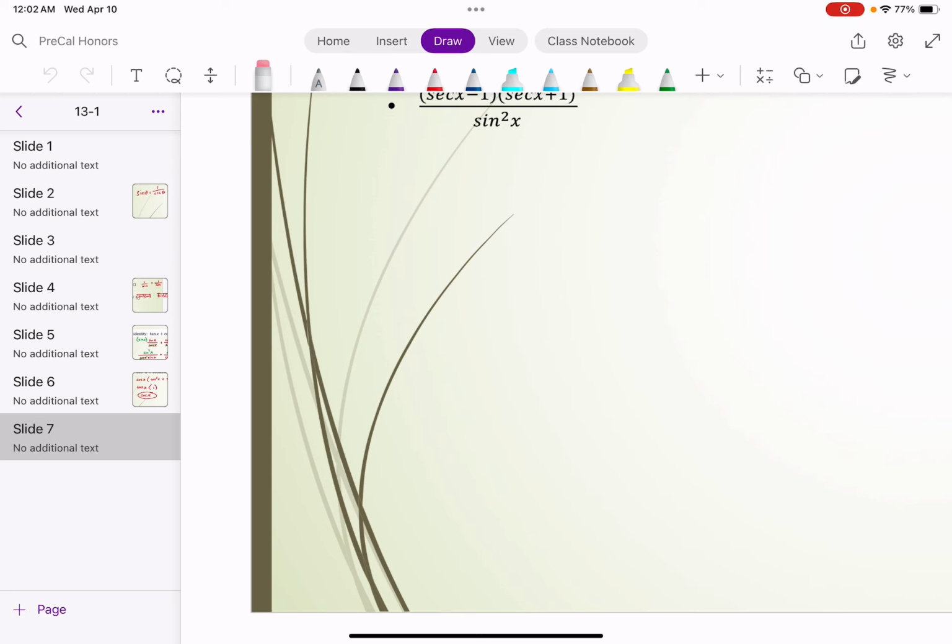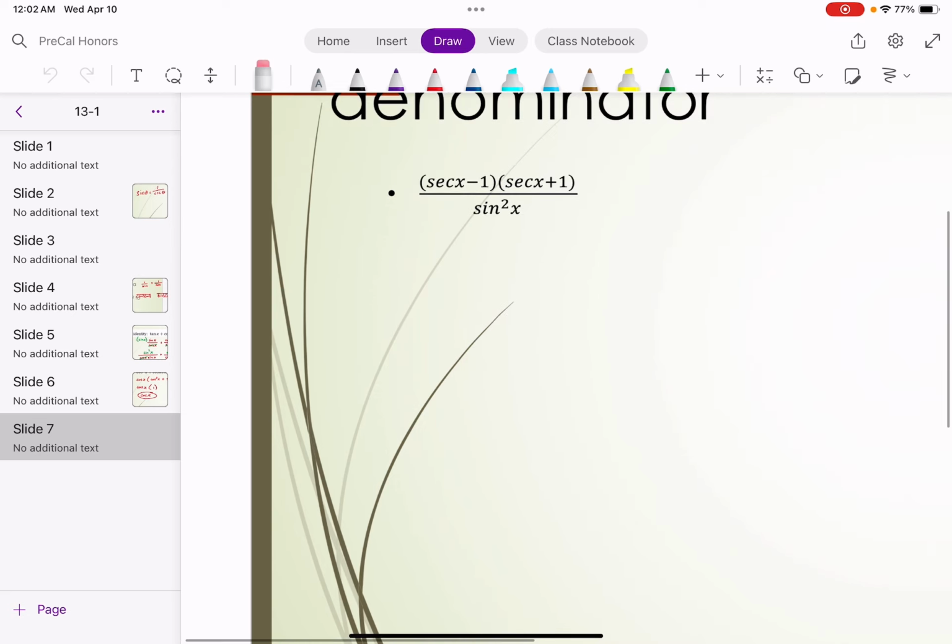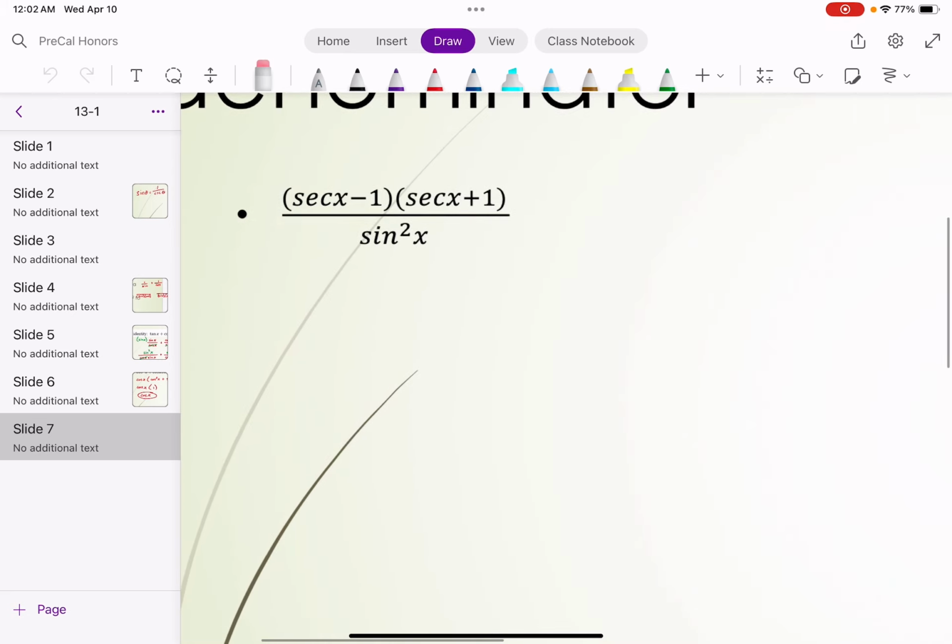So in slide 7, once again, we are taking a look at a problem on the left-hand side that has the difference of squares. We're going to begin with that portion. That will leave us with secant squared x minus 1 over sine squared x.